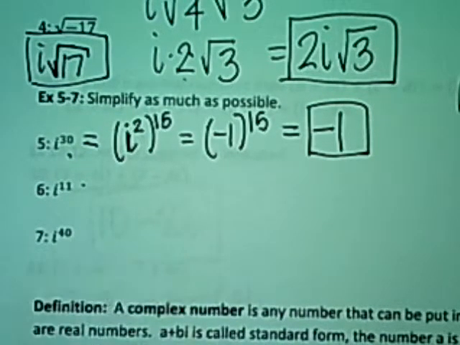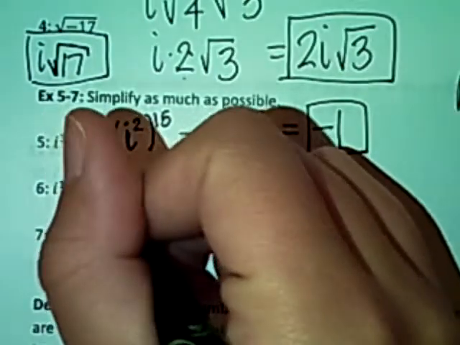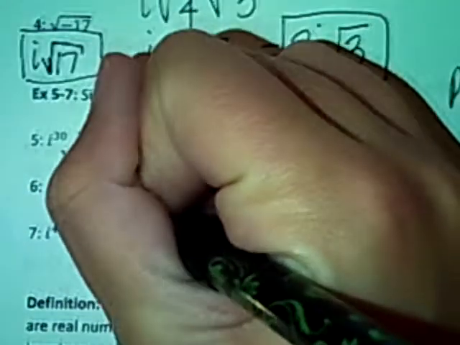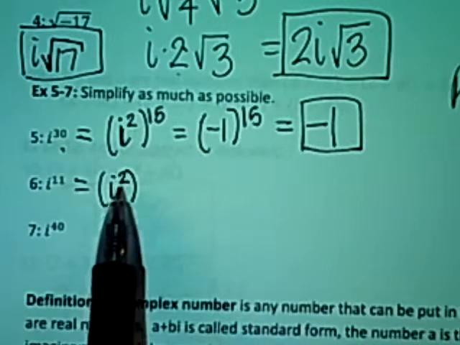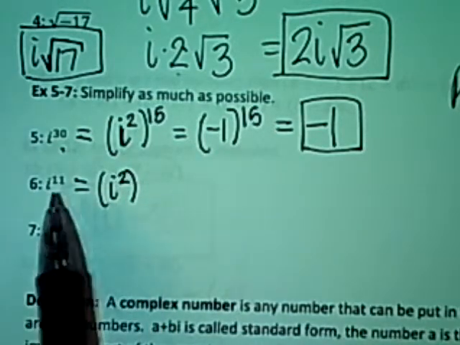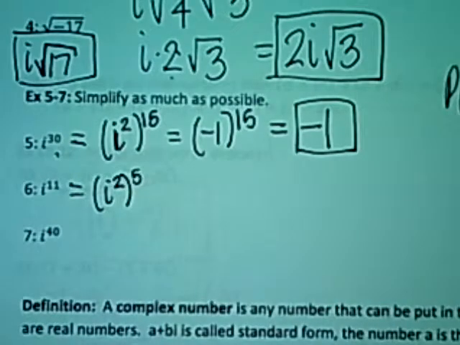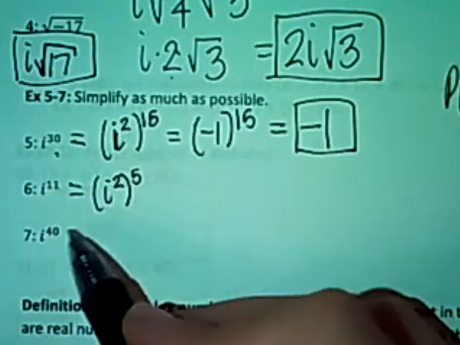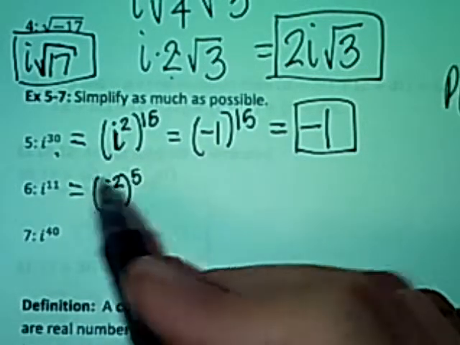So for i to the 11th, I want to rewrite this as something with i squared in it. I know that 2 times 5 is going to give me 10, so I'm going to use i squared raised to the 5th. This would give me i to the 10th, but I need one more in order to get i to the 11th.